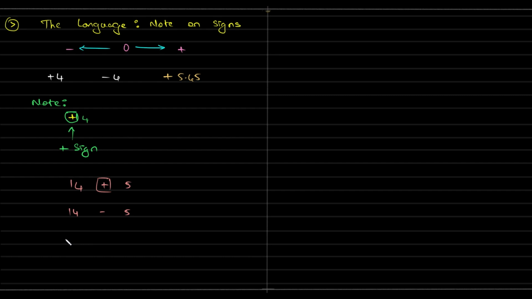Yes, people can write in this manner as well: plus 4 minus of plus 5. So here this plus sign acts like a positive sign, while this negative sign acts like an operation.